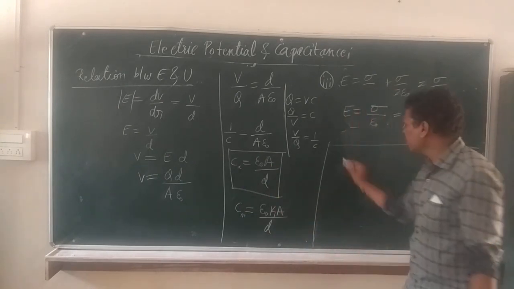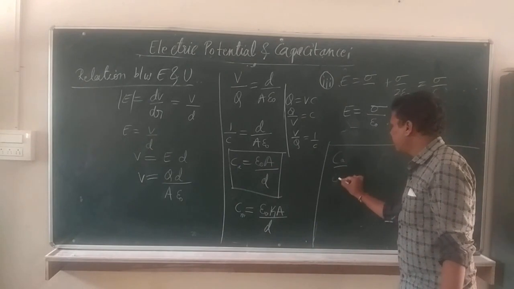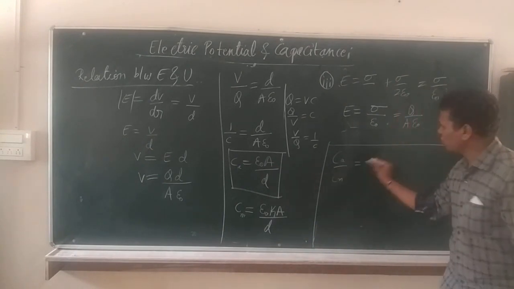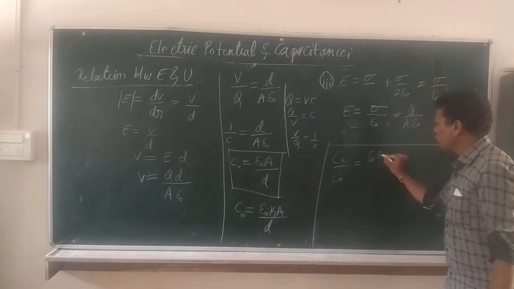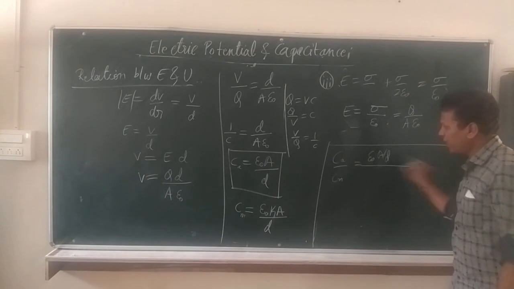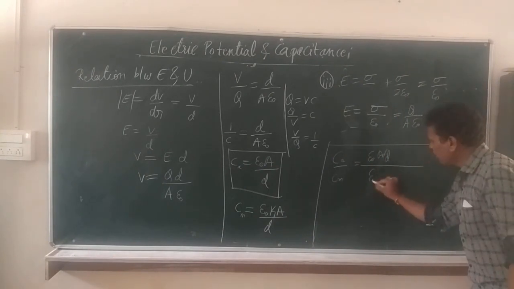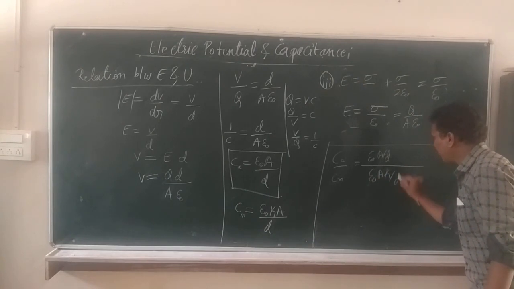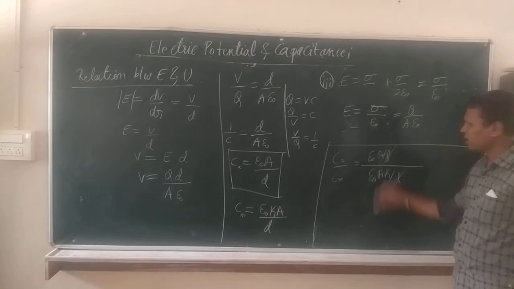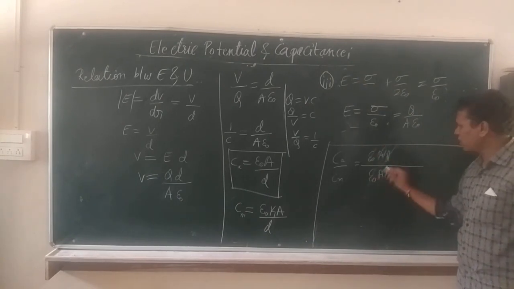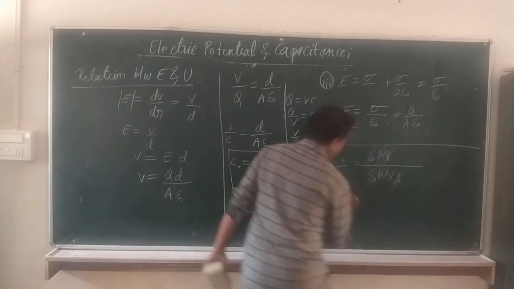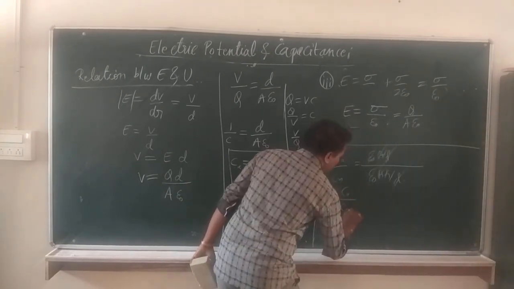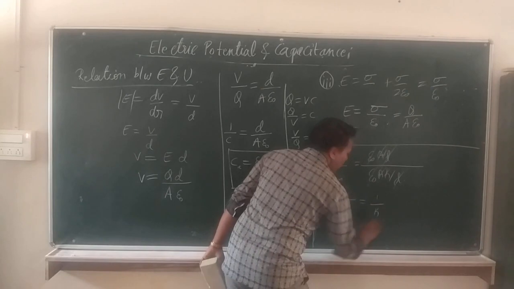Ca divided by Cm equals epsilon naught into A divided by D, whole divided by epsilon naught A into K divided by D. D cancels out, epsilon naught A cancels out. What is left is Ca divided by Cm equals 1 by K.